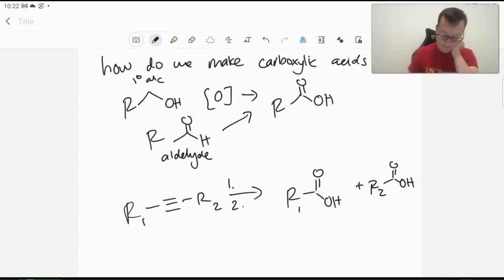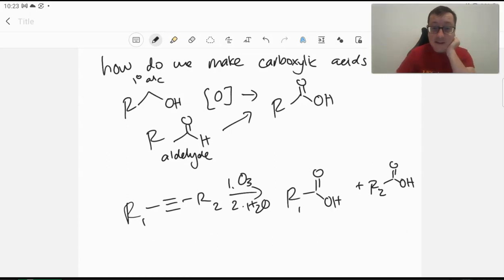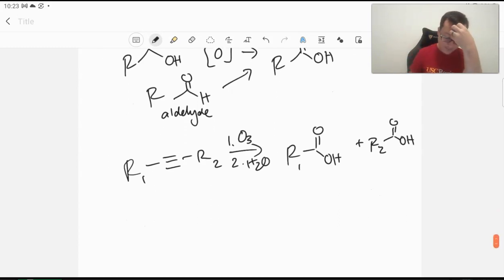Way back when. Remember, ozonolysis of alkynes will give you carboxylic acids. If you do ozonolysis using DMS as your reducing agent of alkenes, you get aldehydes, right? If they're terminal. Alkynes, they'll give you carboxylic acids.